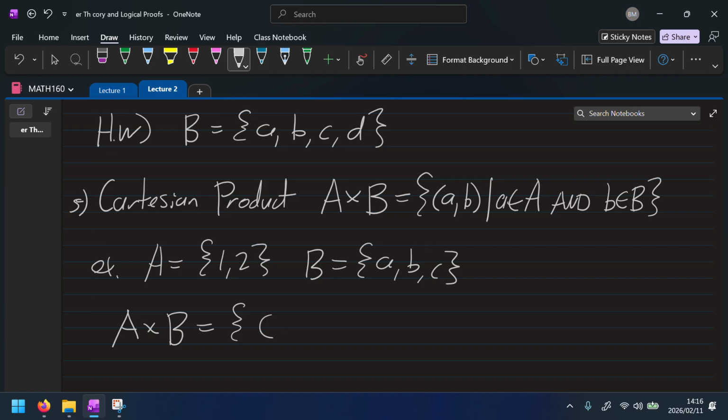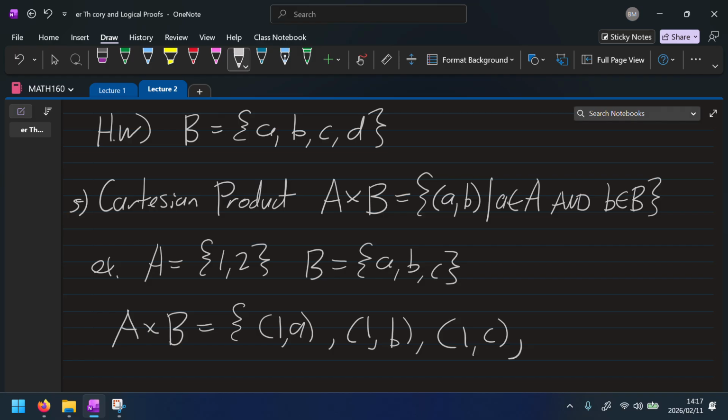We're going to do this systematically. We pick the first element from A to be the first part of the point, and then we look at all of the elements in B. So it's 1 with a. The 1 comes from set A, and the little a comes from set B. Then we stick with 1 and have b, and still stick with 1 and have c.